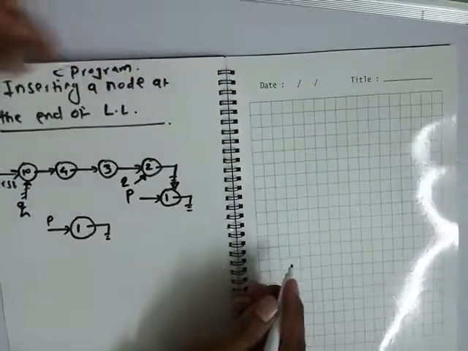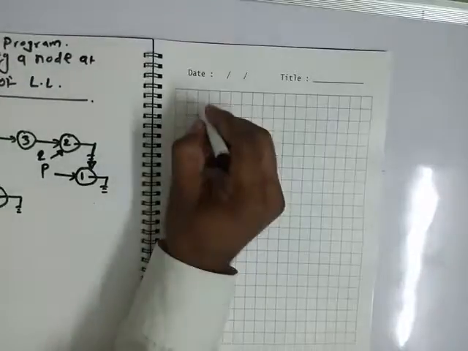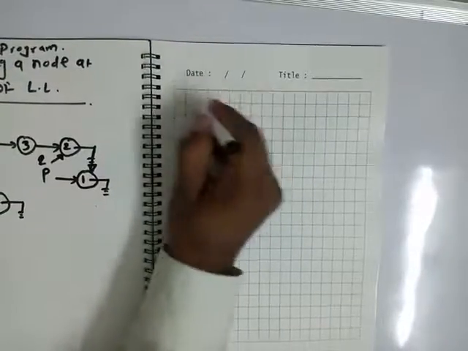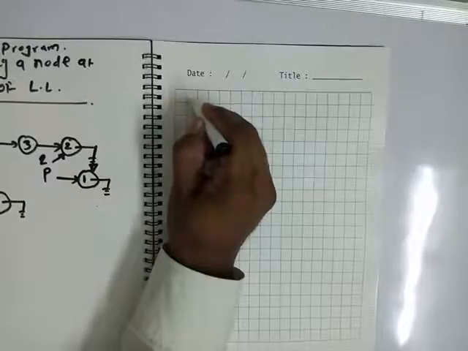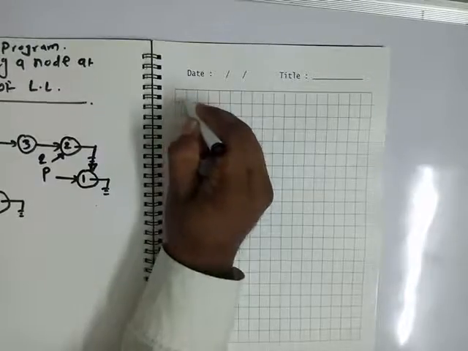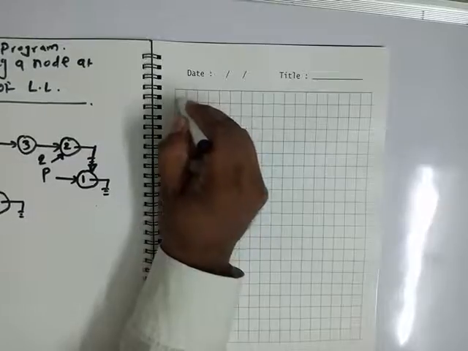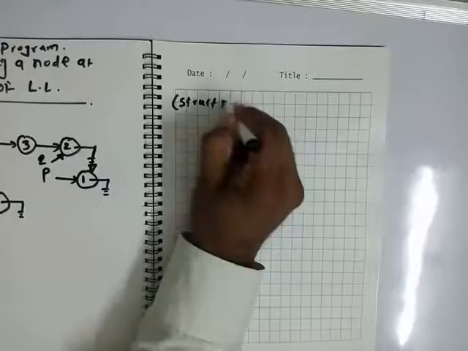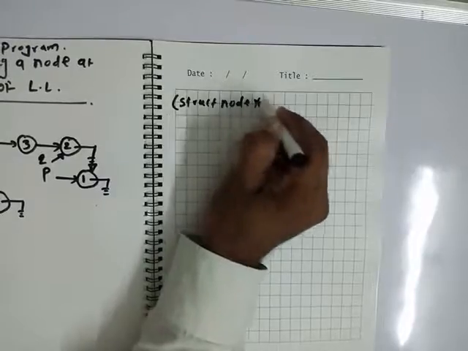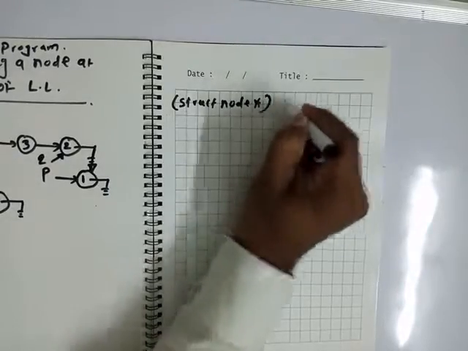So let me write the insert function. So here is our insert function. The insert function will get the address of the linked list in which the node is to be inserted, and it will return the address of the modified linked list, right? Returning the address of the node, so the return type is struct node star. Right?